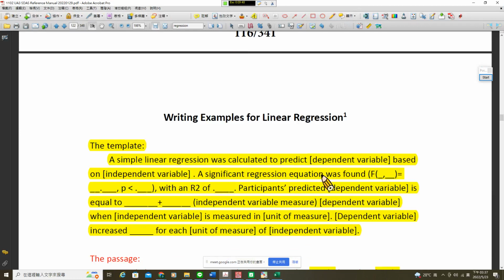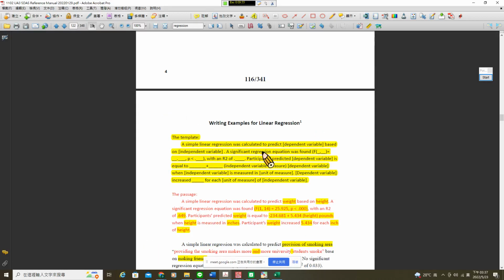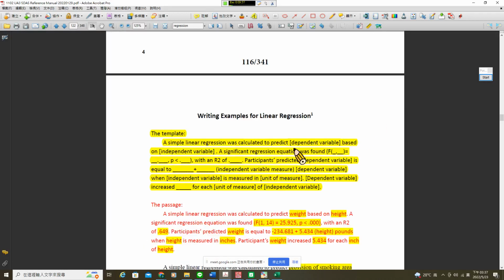So 117 provides us a very simple writing template for linear regression. This is the template. Did you see it?